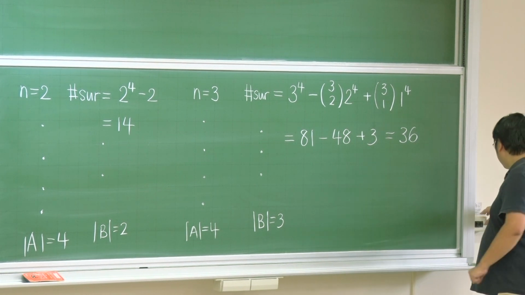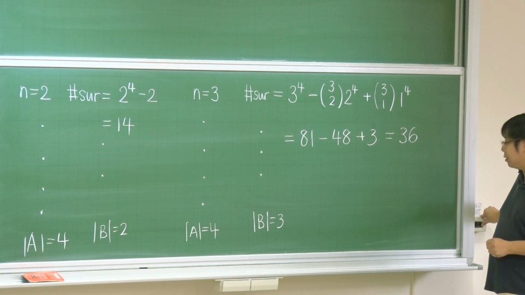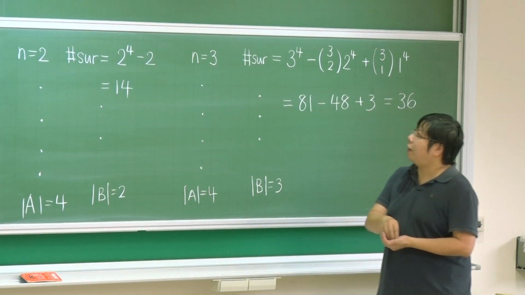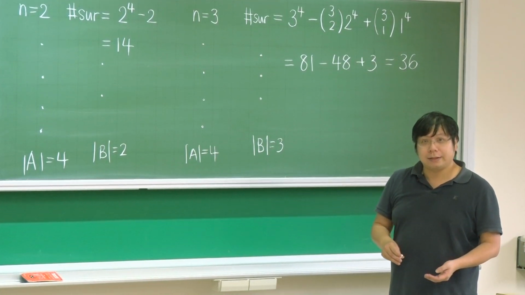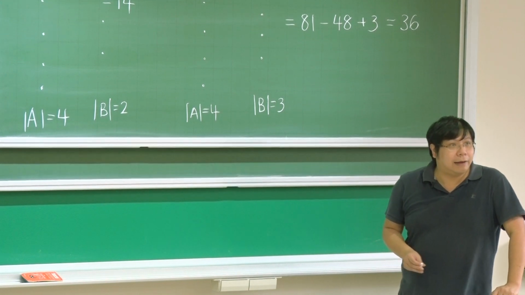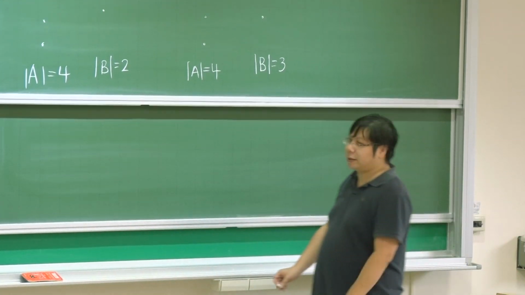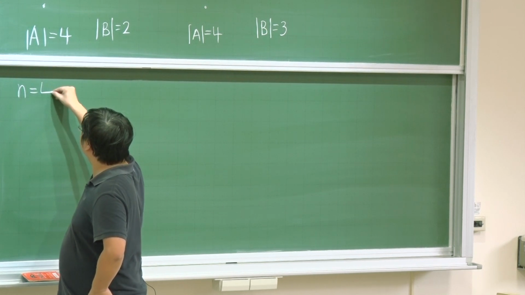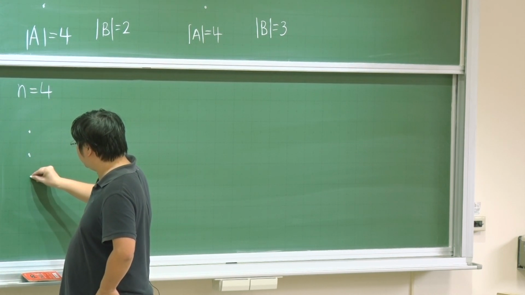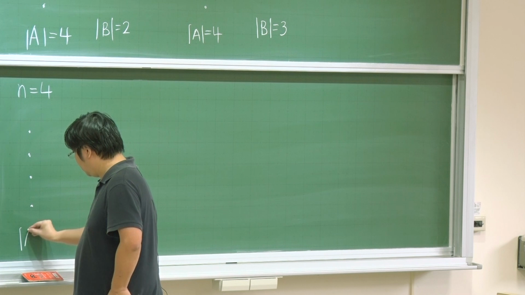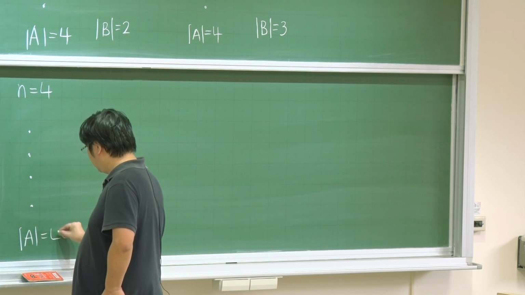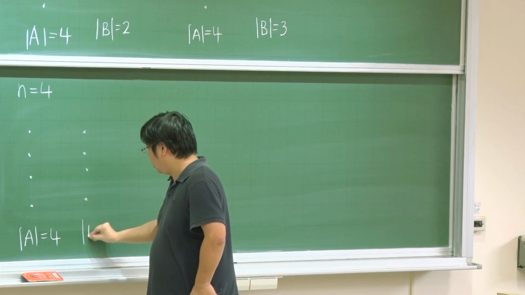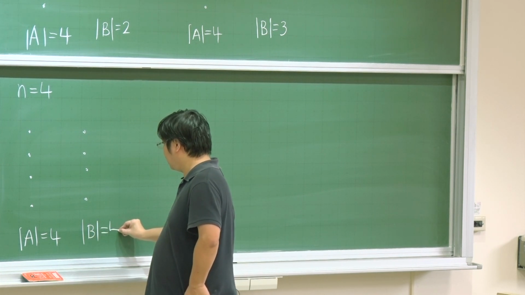In fact, let's confirm our calculation. Let's try n equal to 4 for our case and see whether we really get n factorial, because when n and m are the same, we should get the same number. So this time n is equal to 4. A has 4 items, and B also has 4 items.